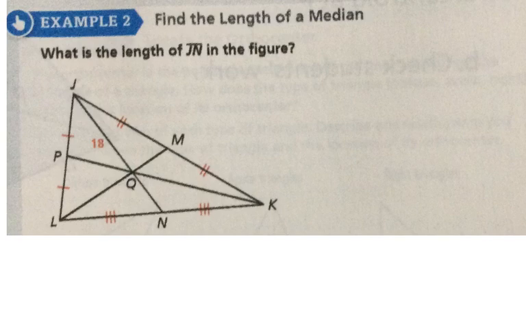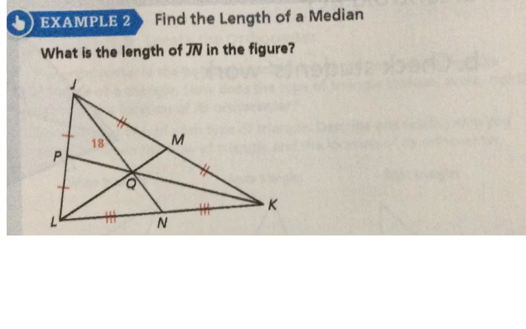It wants to know what's the length of segment JN. Okay, so we can see that JN is a median because it goes from the angle to the opposite side, cutting it into two equal pieces. And all of these lines are medians that meet at point Q. So the distance from J to Q is 2/3 of the entire distance.